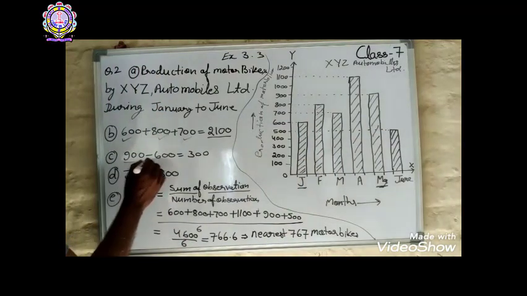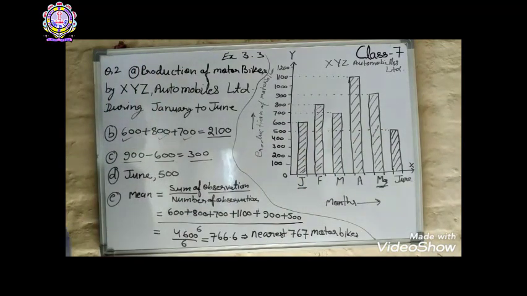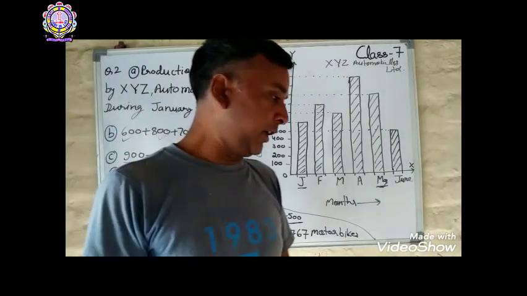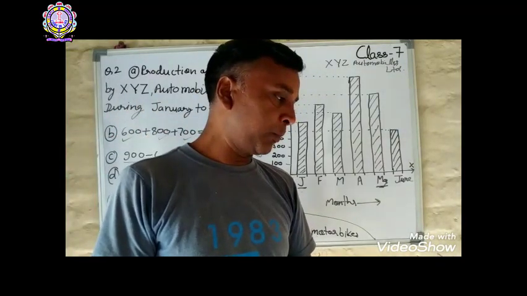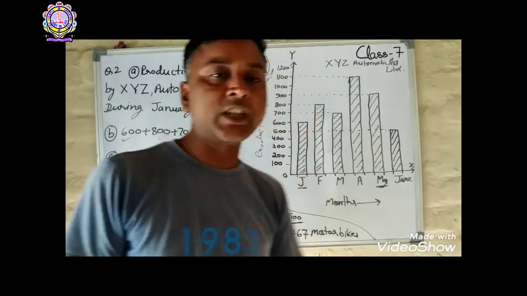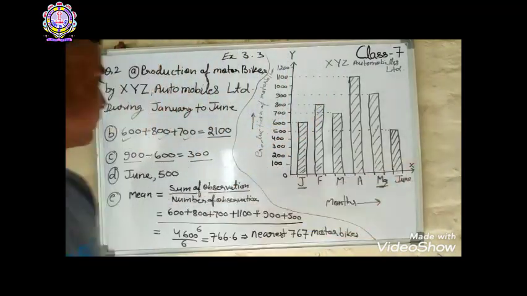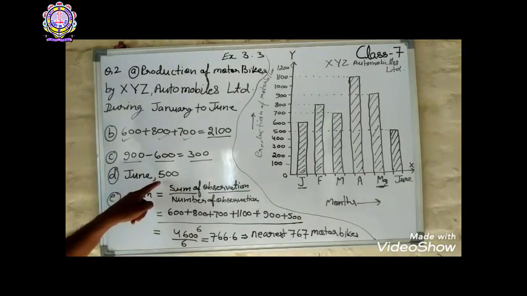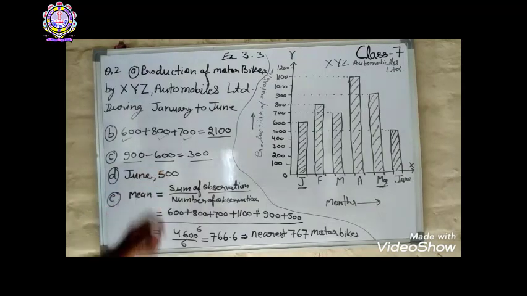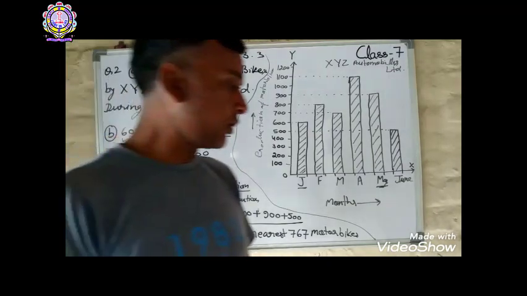That is 900 minus 600, you get 300 motorbikes. Okay. D. In which month was the production minimum and what was it? The minimum is in June month. And how much? 500. Okay. Now last question.